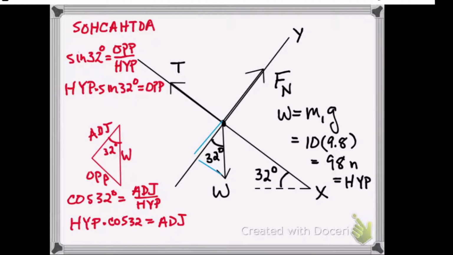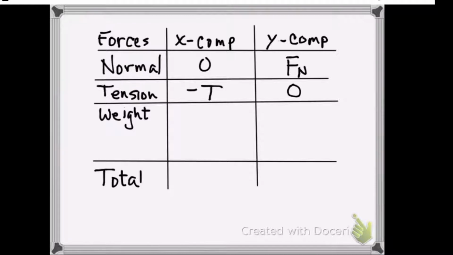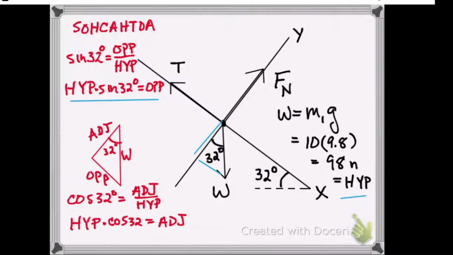So the x component is the part that we used with the sine, and it's going to be equal to the hypotenuse multiplied by the sine of 32, and we know that the hypotenuse is 98. So this is going to be equal to 98 times the sine of 32 degrees. Okay, and that's positive because it's pulling downward in the positive x direction.